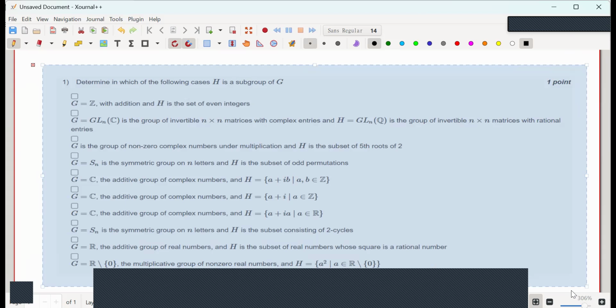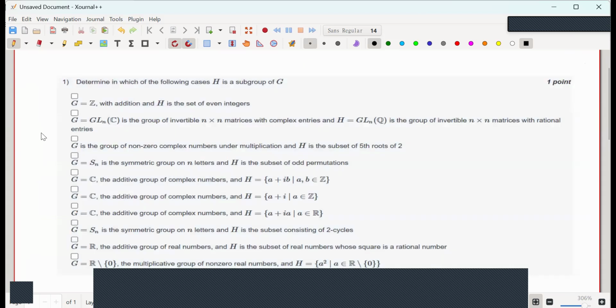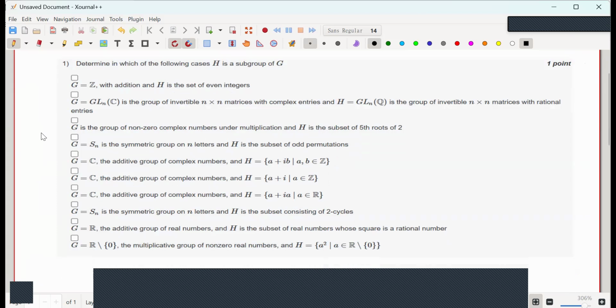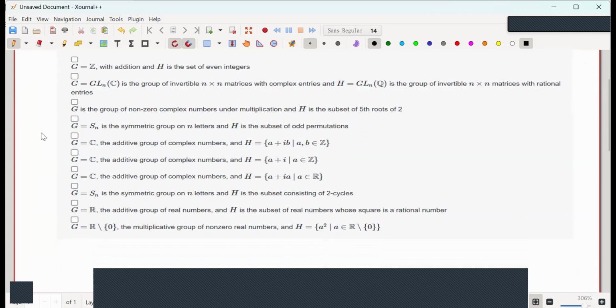The first question asks in which of the following cases H is a subgroup of G. The first example is when G is the group of integers with addition, and H is the set of even integers. So what do you think? Is it a subgroup of G or no?